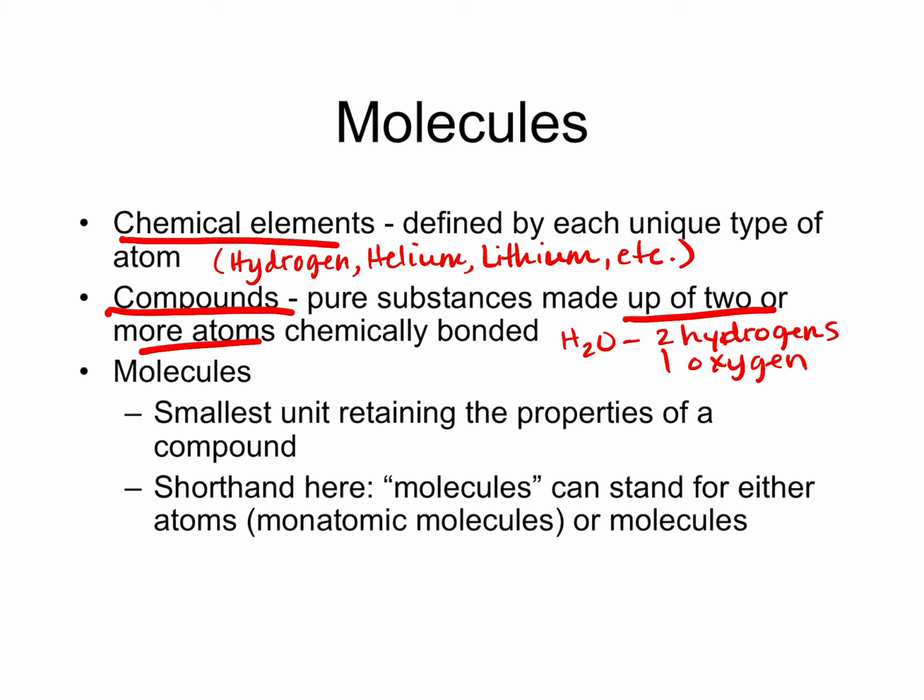And then a molecule is the smallest unit that still has the properties of a compound. So that would be like if I had a glass of water, and it spilled, and it got all over the floor. If I took one little molecule of that, it would have to be H2O.